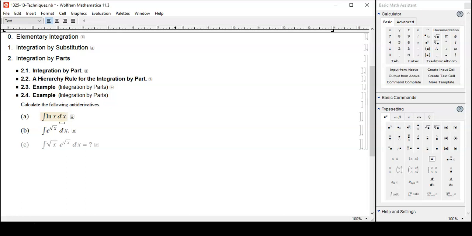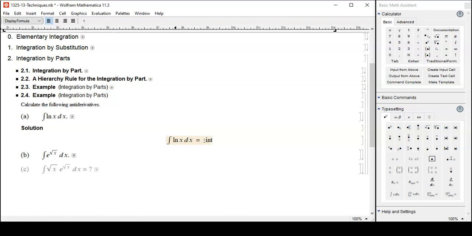But if you realize that this is the integral of 1 times log of x times dx. If you realize this, now it's easy.